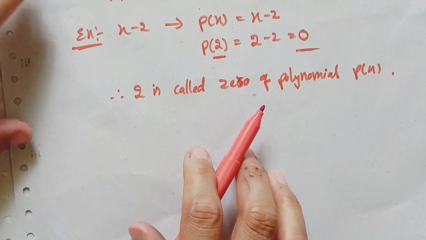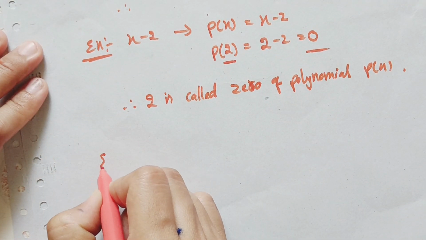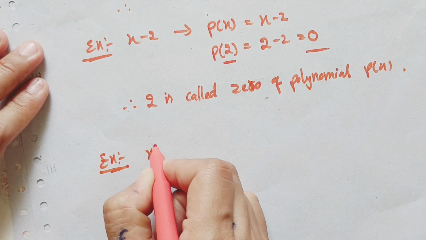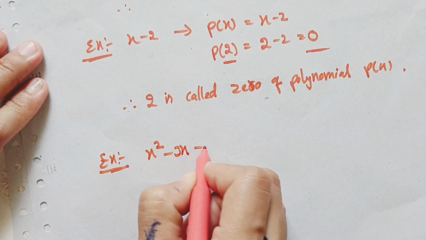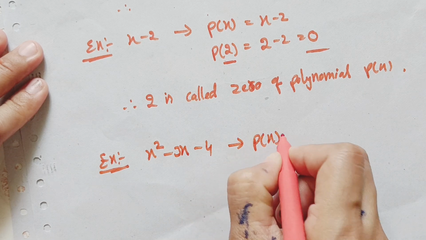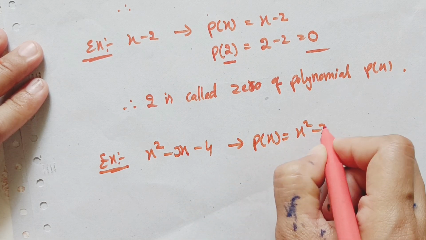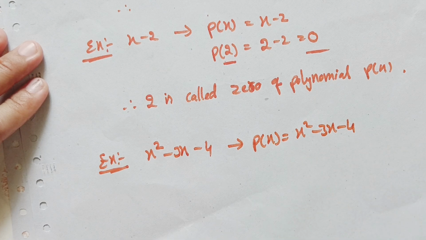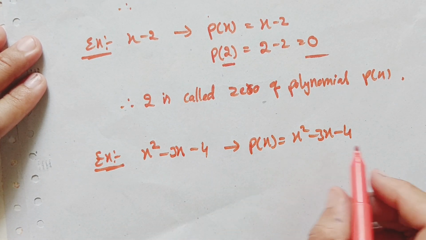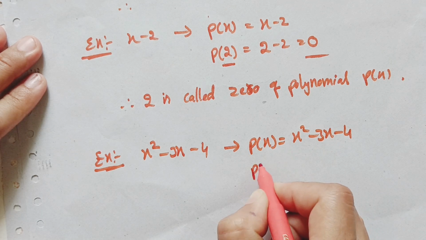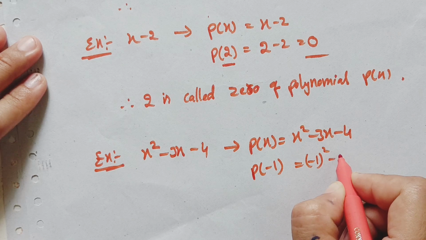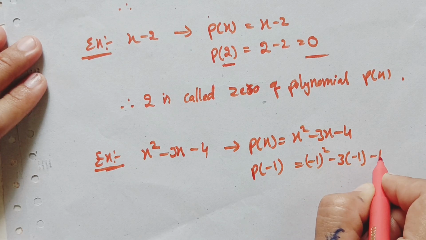Okay guys, let's take another example, x square minus 3x minus 4. So this is p of x, which is x square minus 3x minus 4. Now in the place of x I'm going to substitute minus 1. P of minus 1: minus 1 whole square minus 3 of minus 1 minus 4.